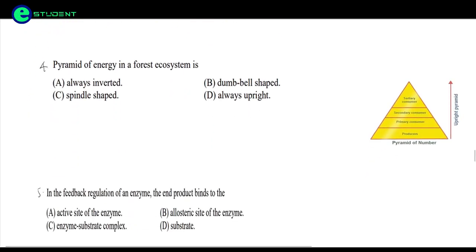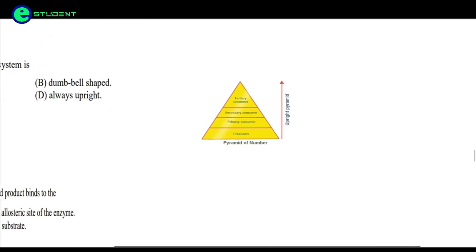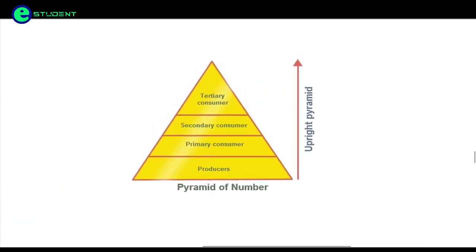Pyramid of energy in the forest ecosystem is. So whenever we are seeing the pyramid of energy, it is always an upright structure. Why? Because there is always a decrease in the energy here.